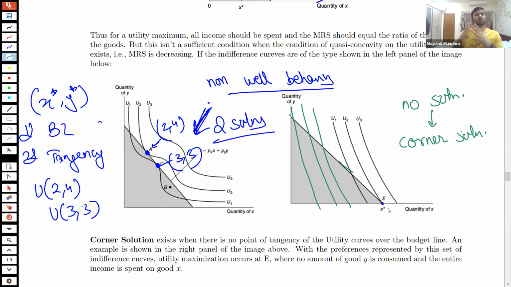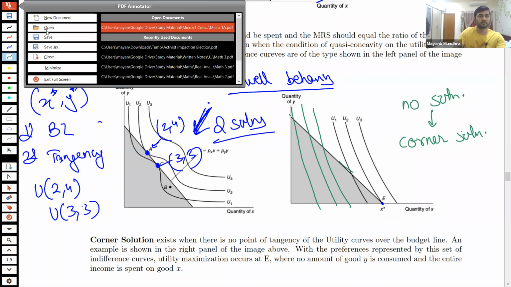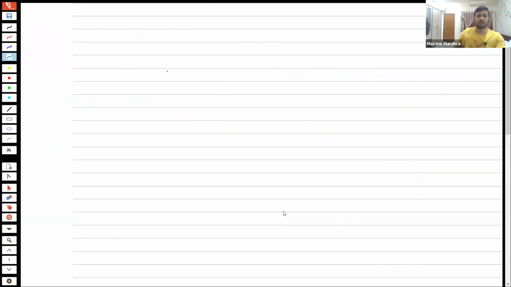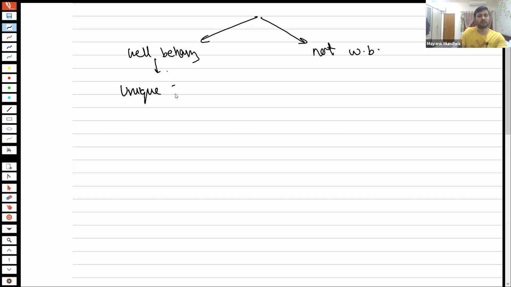Okay, so basically, if I want to break this down into types of cases, there's the well-behaving case and there's the non-well-behaving case. In the well-behaving case, you always have a unique solution. In the non-well-behaving case, you can have 2 further situations.